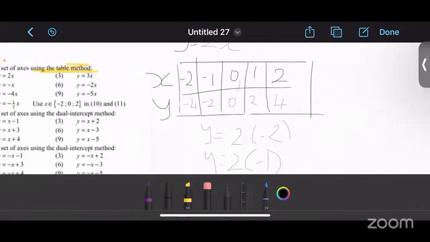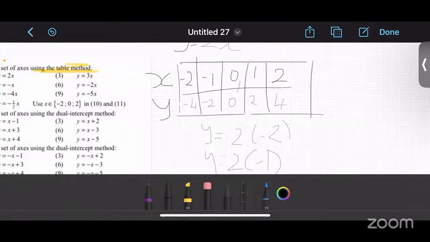Our points now, or the coordinates, are minus 2 and minus 4, minus 1 and minus 2. We have 0 and 0. We have 1 and 2. We also have 2 and 4. Okay.